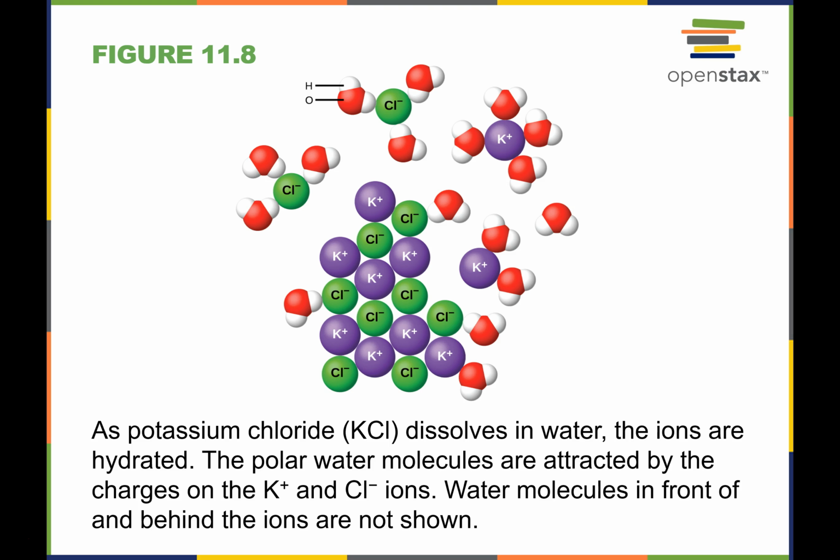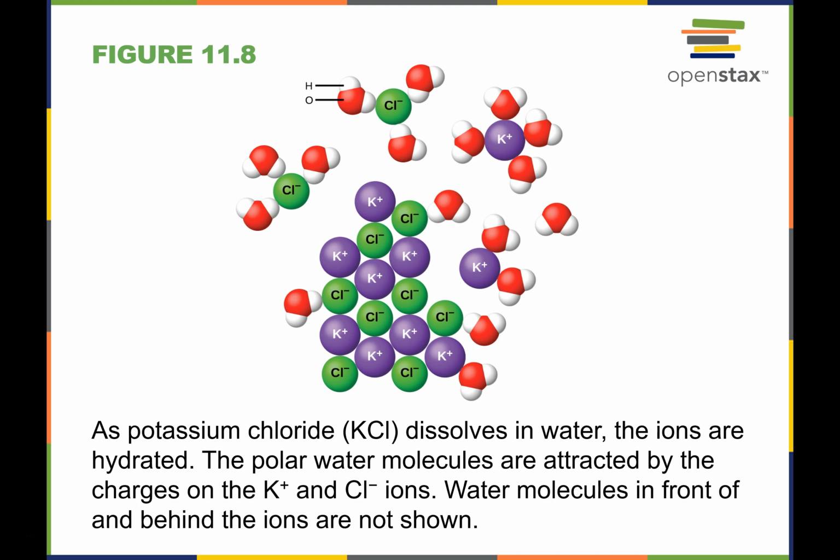So here we see a salt, potassium chloride. It almost looks like it's getting eaten away by those little water molecules, carrying off the positively charged potassium ions and carrying off the negatively charged chloride ions. But if you look closer, you can see what takes what.